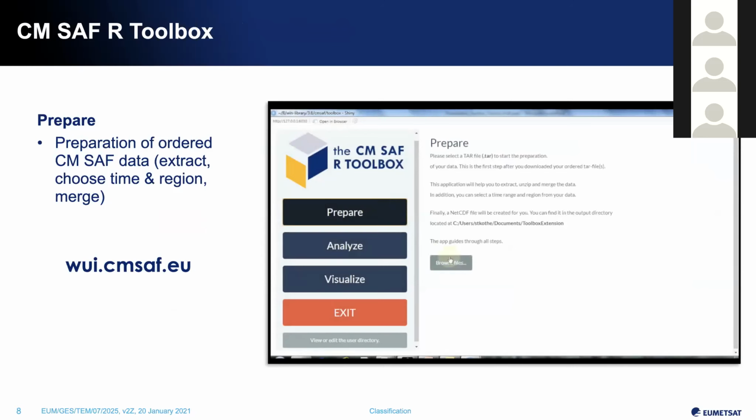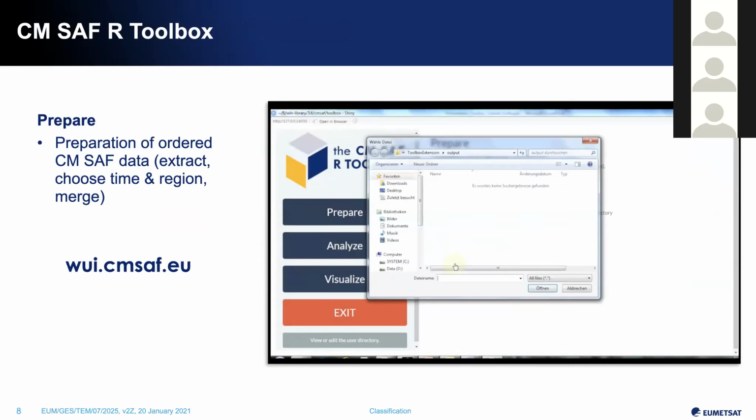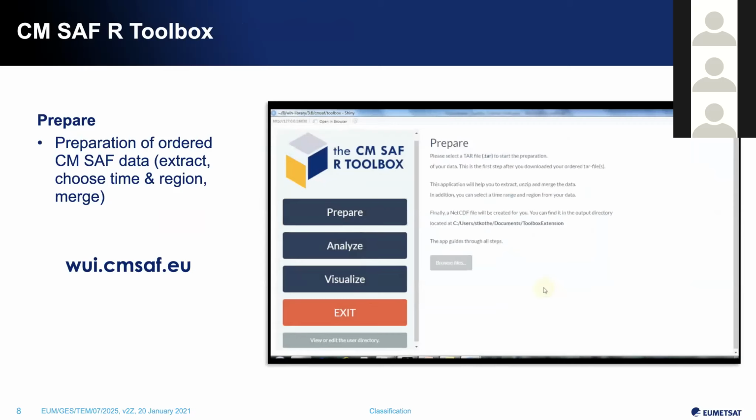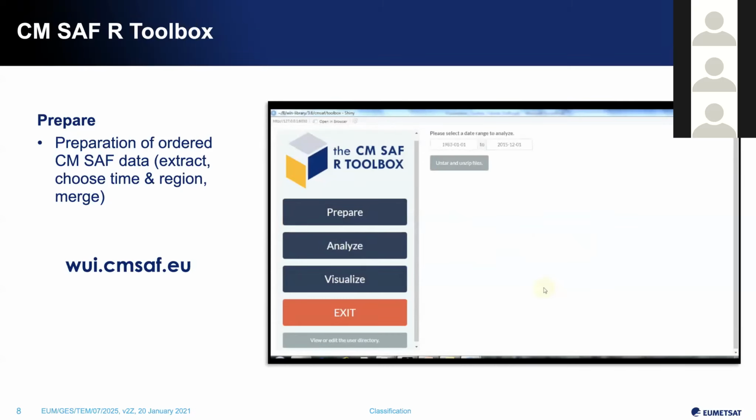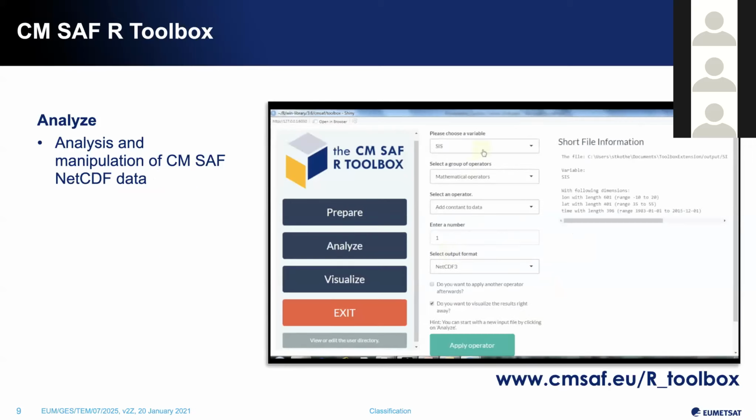The toolbox consists of three main steps. The first one, the prepare step, helps you to prepare your ordered CMSAF data. That means extracting, choosing time and region, and merging all data into one file. The analyze step is the part where the magic happens.